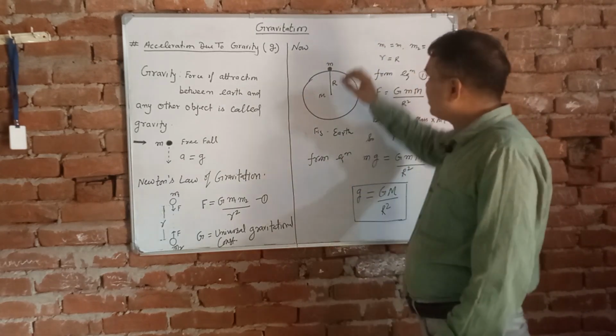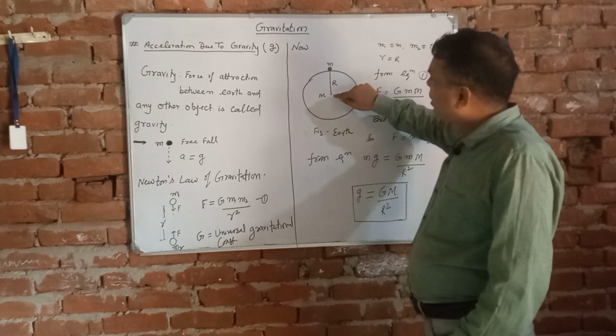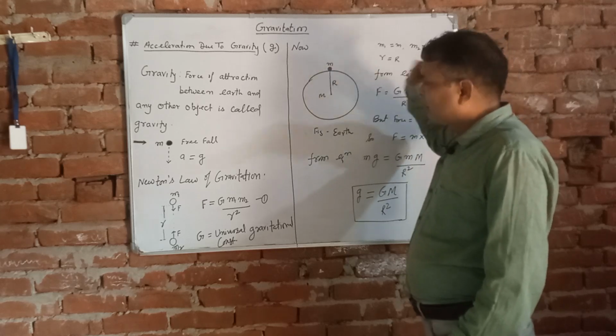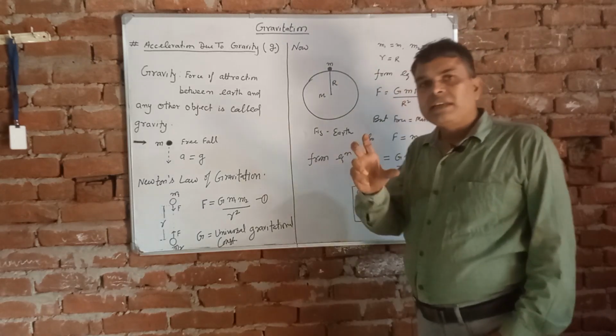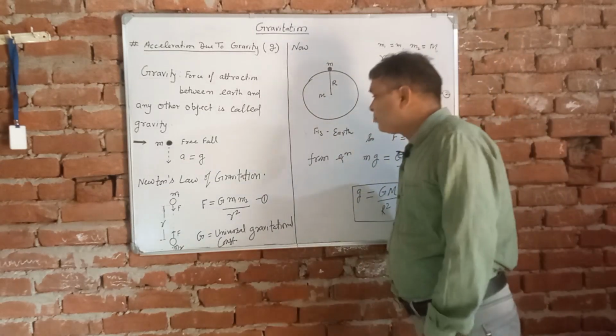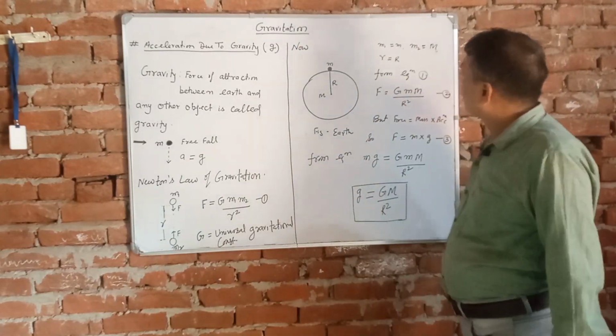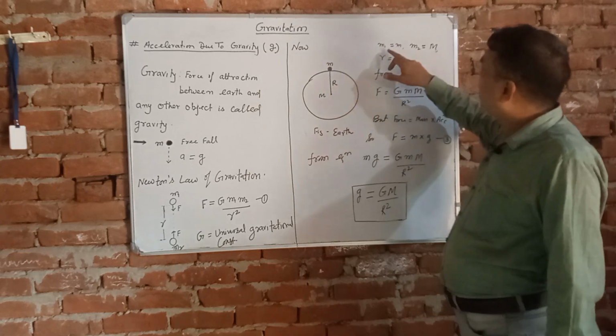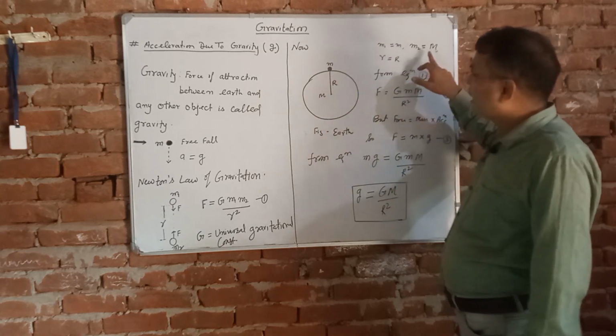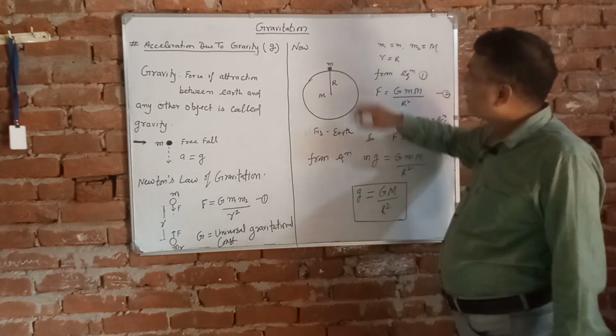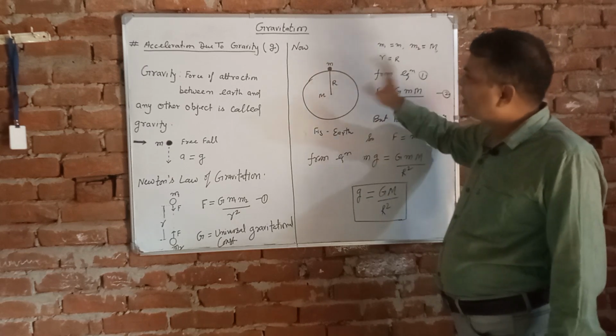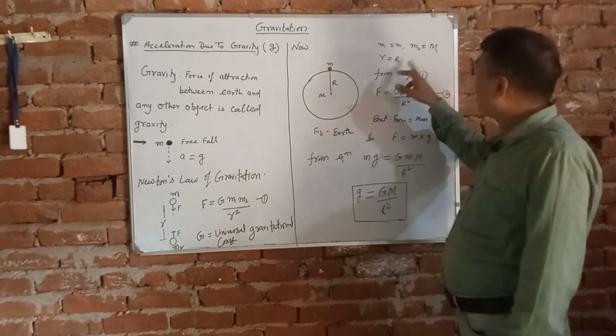So the distance between small m and the earth's center is r, where R is the radius of the earth. So we can write m1 equal to small m, m2 equal to capital M, and the distance between small m and capital M is r.